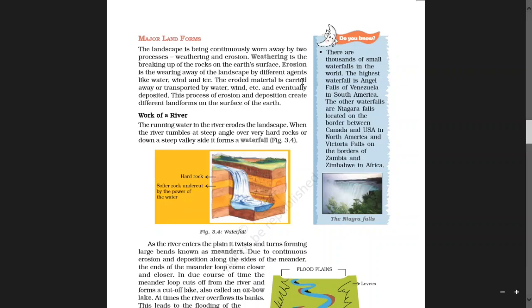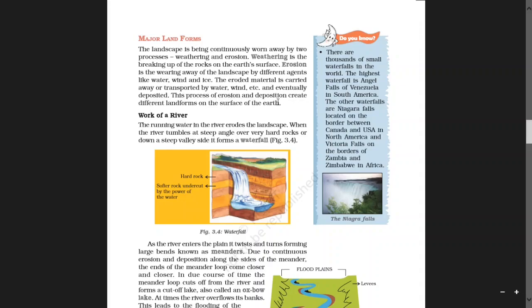The eroded material is carried away or transported by water, wind, etc., and eventually deposited. They are carried away and at the end they are deposited, piled up somewhere. This process of erosion and deposition creates different landforms on the surface of the earth.